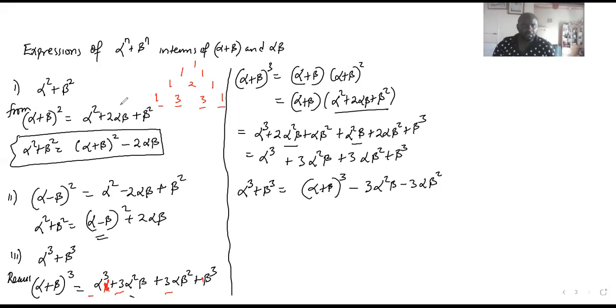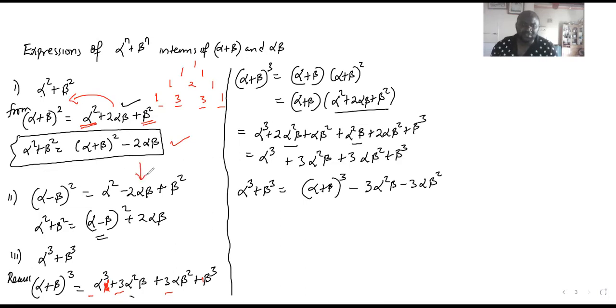This one? Yes. And we are looking for alpha squared plus beta squared. So we decided to extract it from this expansion. By expanding alpha plus beta squared, you get these equations. Now, because you want alpha squared plus beta squared, add alpha squared to beta squared, and then take this one on the other hand. So it came up to this.